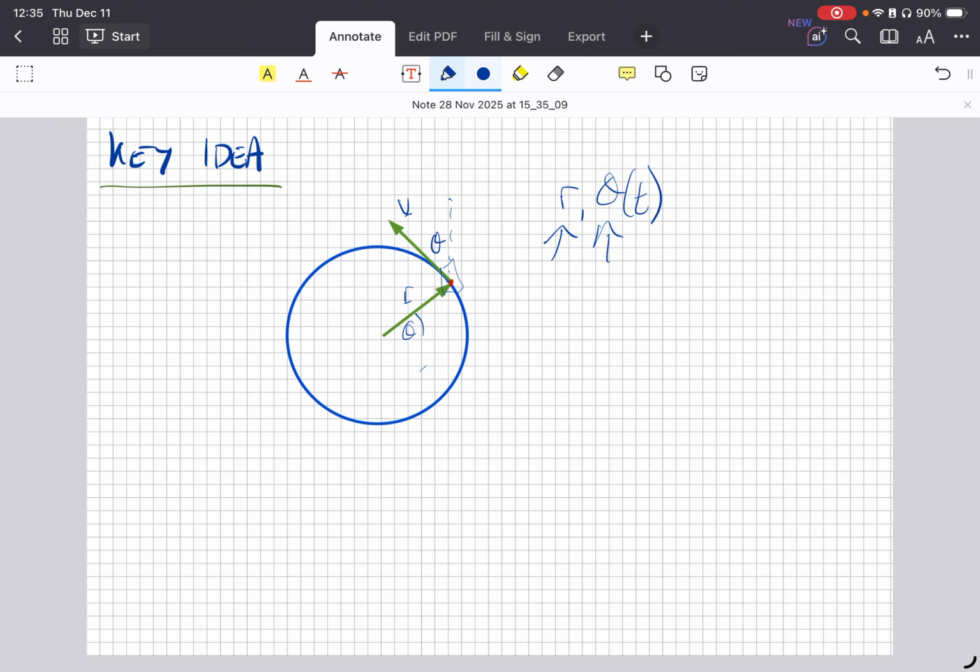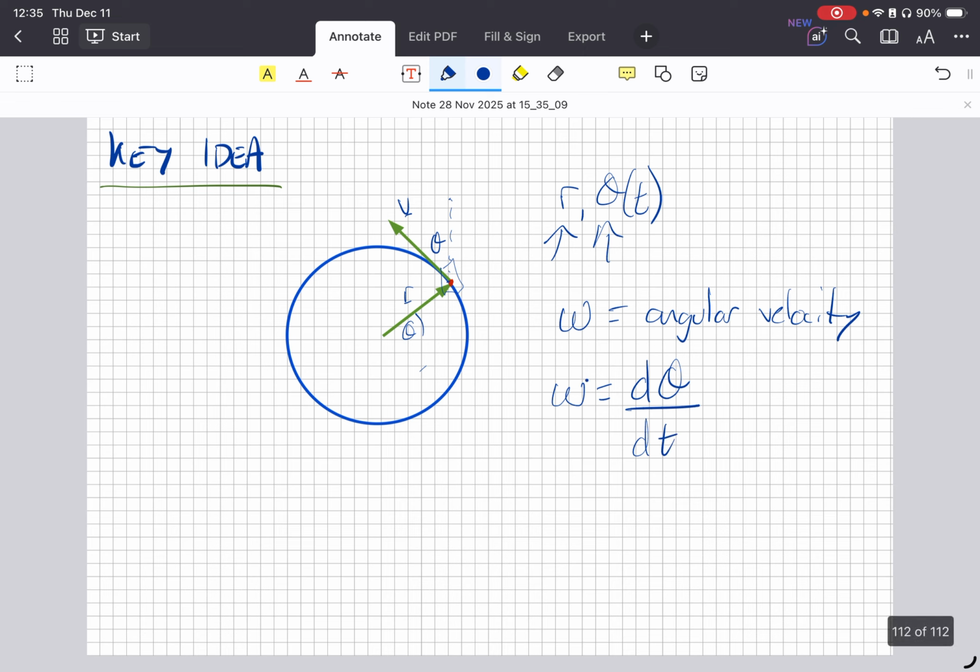And what we actually do in order to start this is we define some quantity which we call omega, which is the angular velocity. This is a concept which is quite important for describing this kind of motion, but in the lectures we didn't actually cover it because we just described everything in terms of the linear velocity v. Omega is the angular velocity, and what that means is that omega is the rate of change of theta with respect to time.